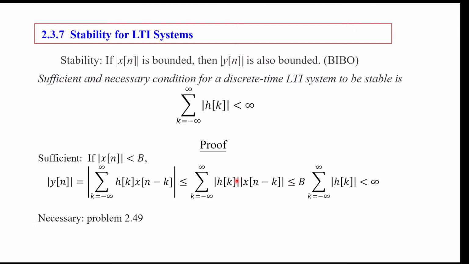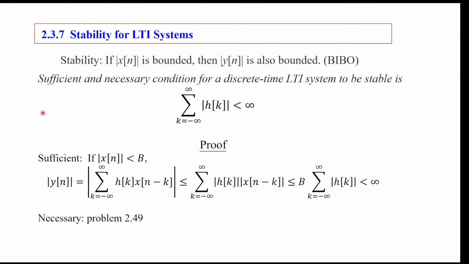Let's go back to some detail of the BIBO condition. To give you some intuition for why we get this condition, we prove half of the statement: if the impulse response is absolutely summable, then the system is BIBO stable.